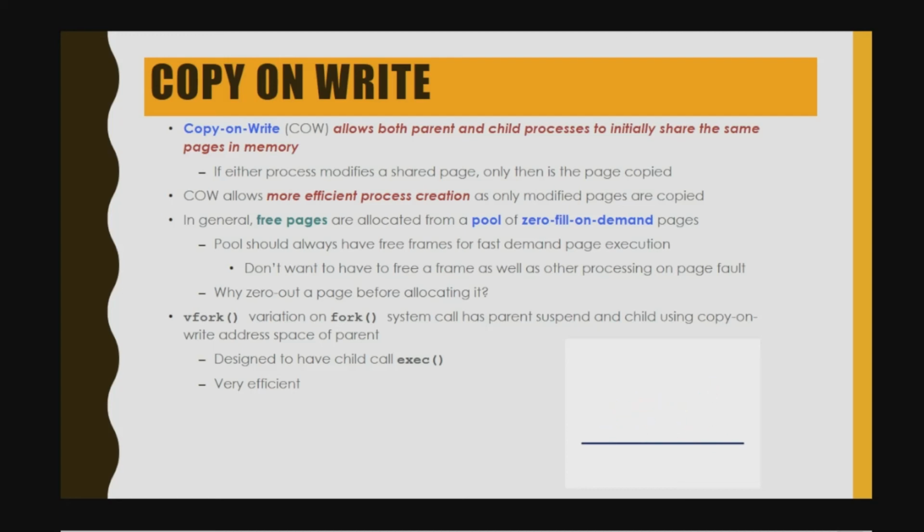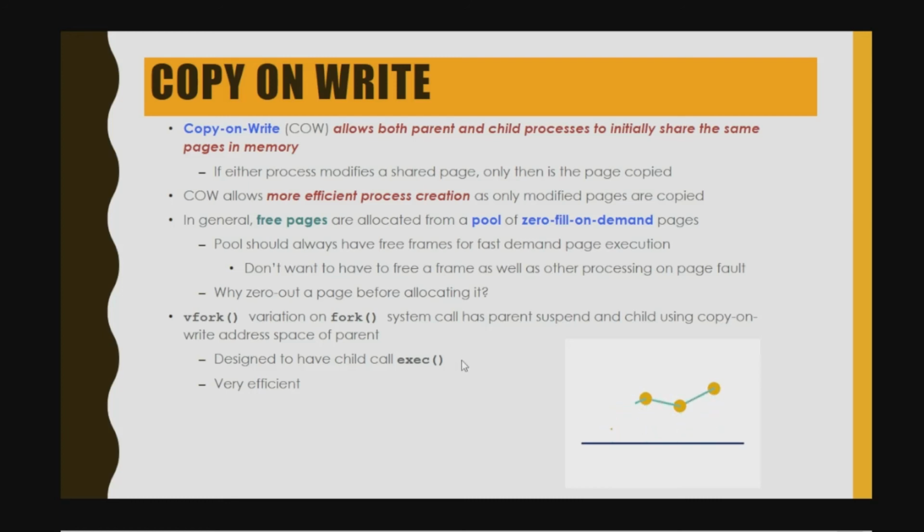In general, free pages are allocated from a pool of zero-fill-on-demand pages, and the pool should always have free frames for fast demand page execution. You don't want to have to free a frame as well as do other processing on a page fault. Pages are zeroed out before allocating them. Why zero out a page before allocating it? You can try to think why we zero out a page before we allocate it.